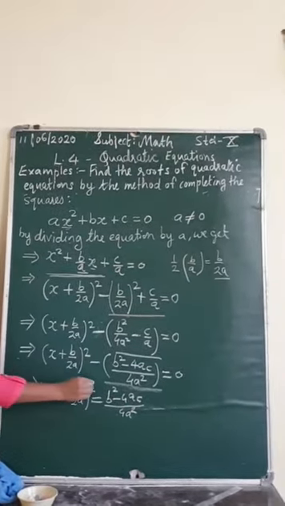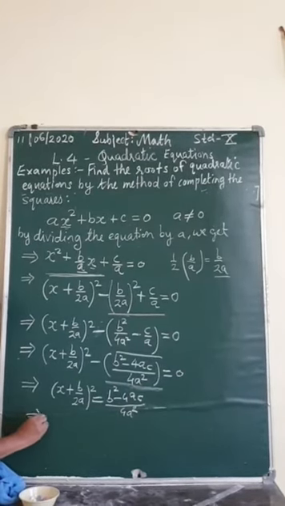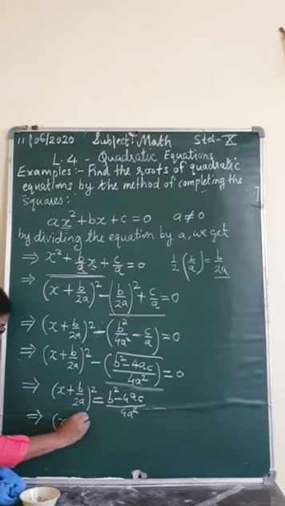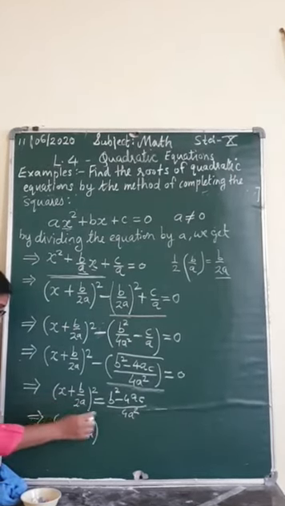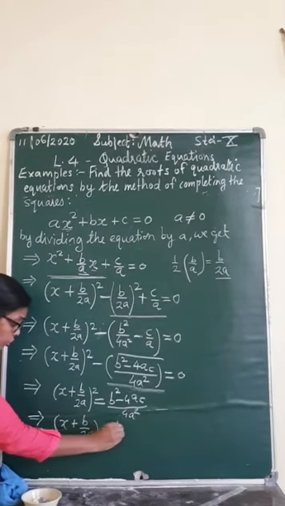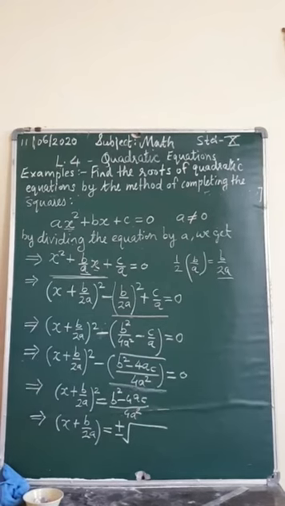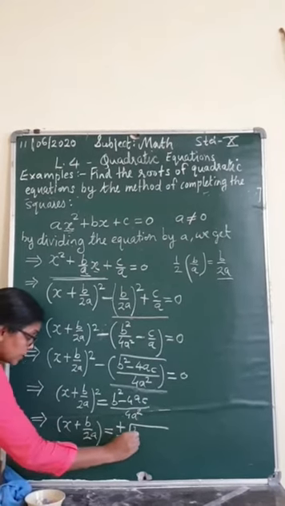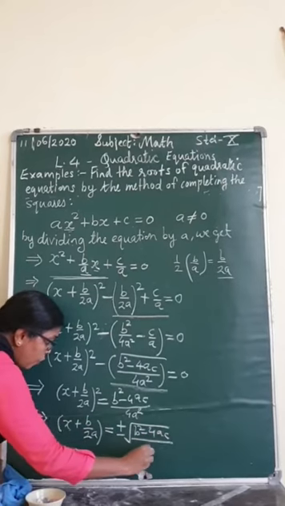Now, if you remove the square, what do we have? We have x plus b upon 2a, taking the square root of this whole bracket square, is equal to plus or minus the square root of b square minus 4ac upon 4a square.